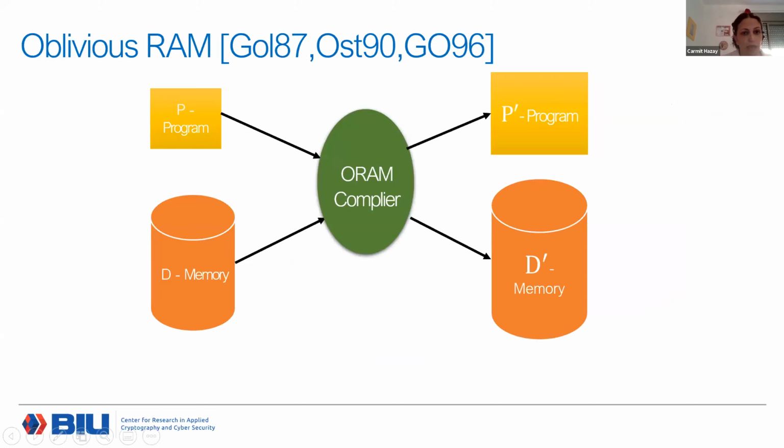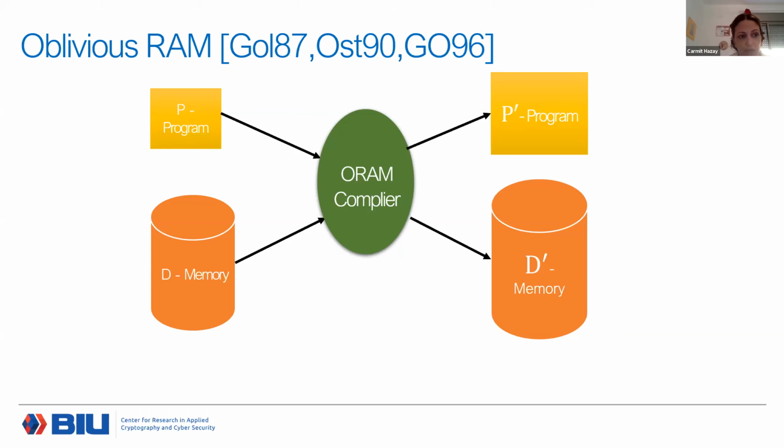So for that, we have Oblivious RAM, which was introduced by Goldreich and Ostrovsky. And this is a tool that supports dynamic memory accesses while preventing any leakage from the memory. Namely, ORAM is a technique for hiding all the information about the memory for a RAM program, including both the content of the memory and the access to it.